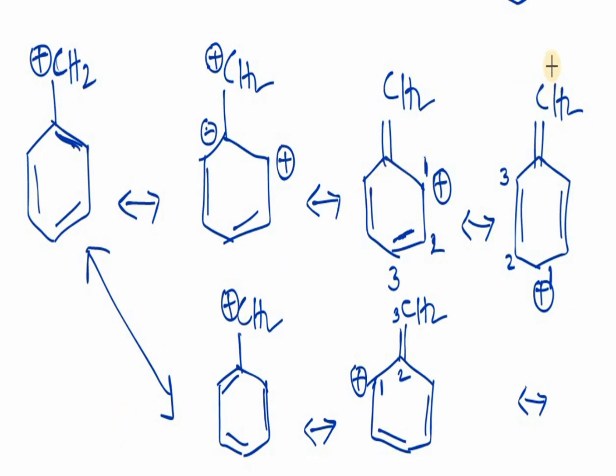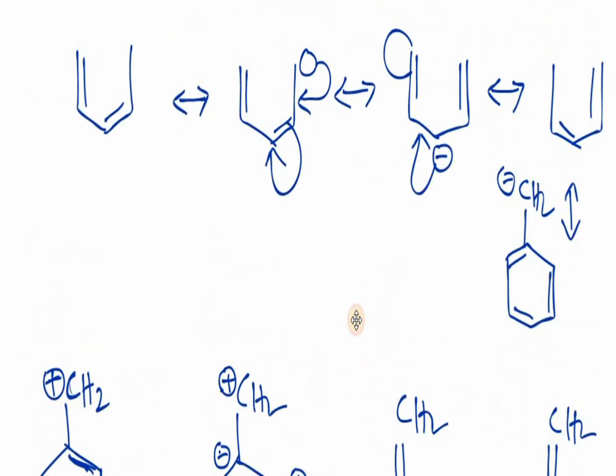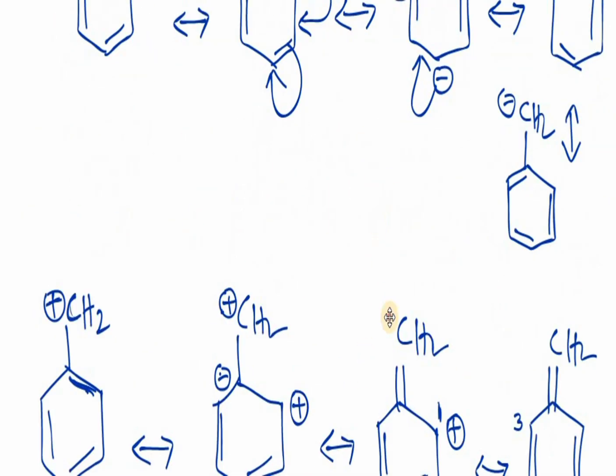So these are some of the examples of how we can write the resonating structures. Hope you understood how we can write the resonating structures. Now for example here I have written CH2 plus, single bond, C double bond C. So now what are the resonating structures?